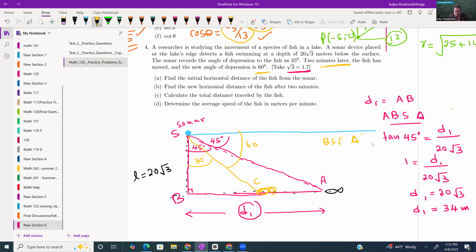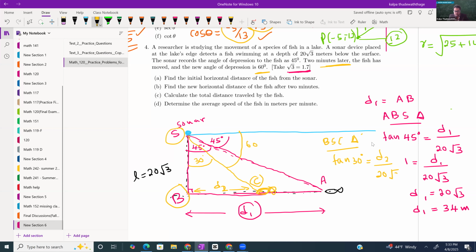So if you use triangle BSC and put tan 30, its opposite is how far the fish now is from the bottom of the sonar device. So let me say D2. D2 is opposite over adjacent.